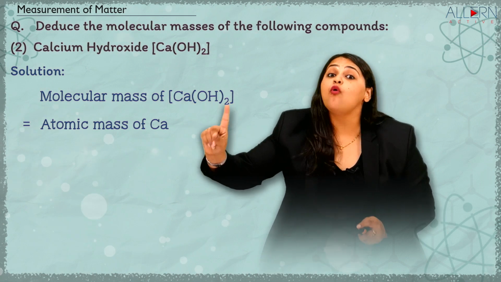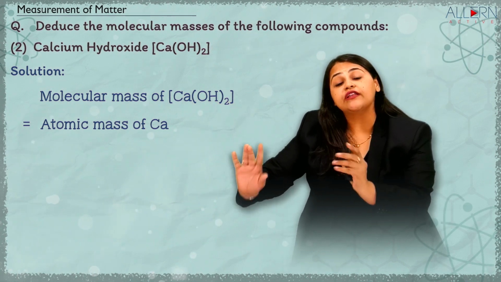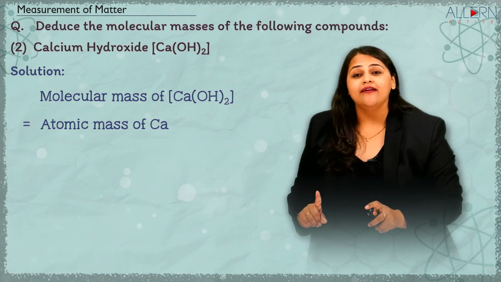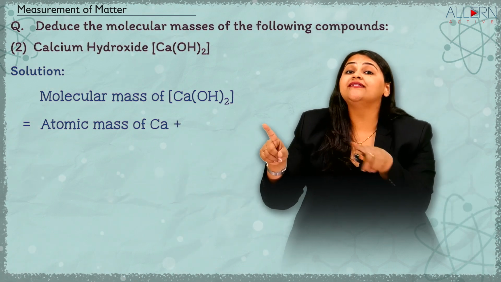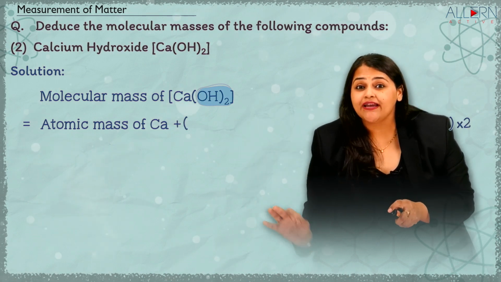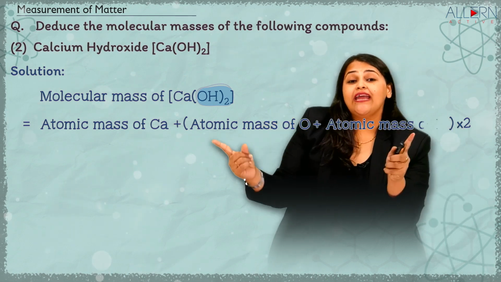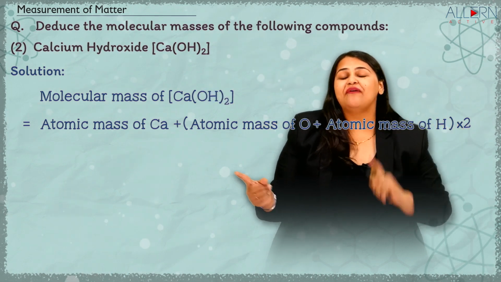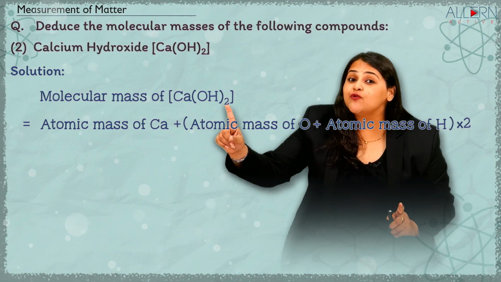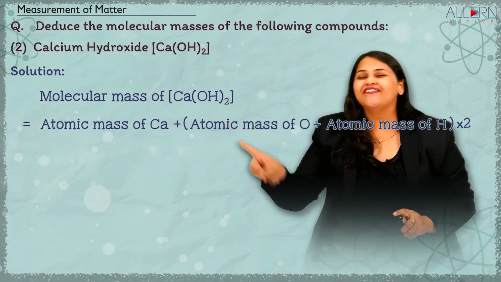Well, yes, you have 2 outside the bracket. And as I earlier told you, this 2 belongs to both oxygen and hydrogen. So this will sum up to the atomic mass of oxygen and the atomic mass of hydrogen in brackets multiplied by 2, because this 2 means 2 atoms of oxygen and 2 atoms of hydrogen.